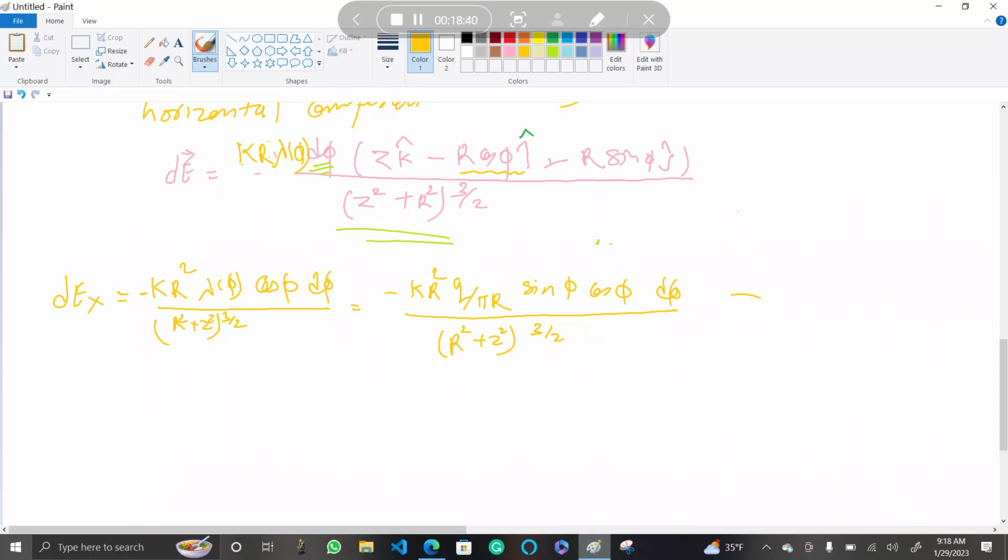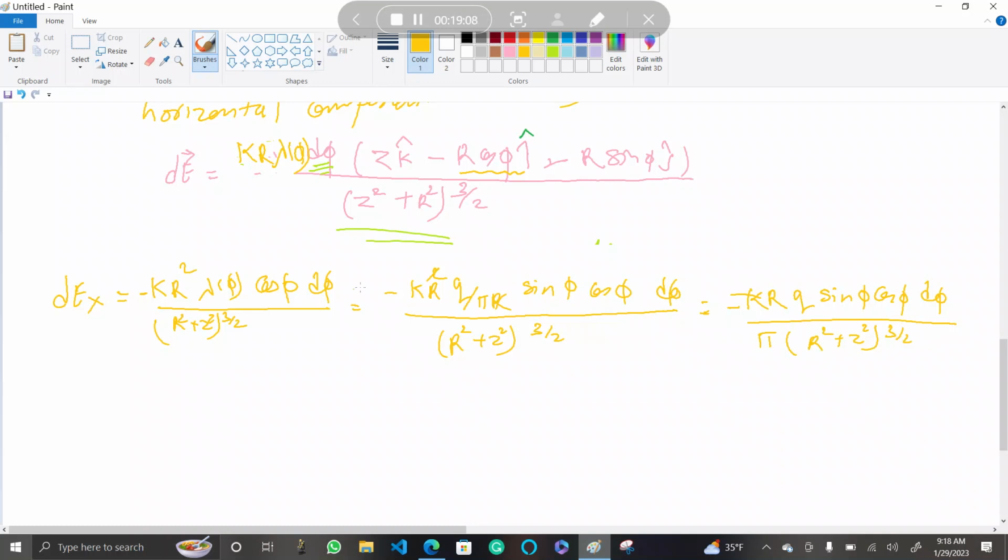Yes, these r and r cancel, so I write minus k r q by pi over (r square plus z square) to the power 3 by 2.